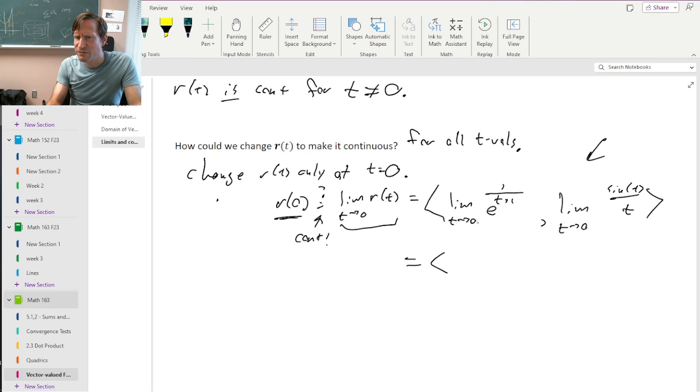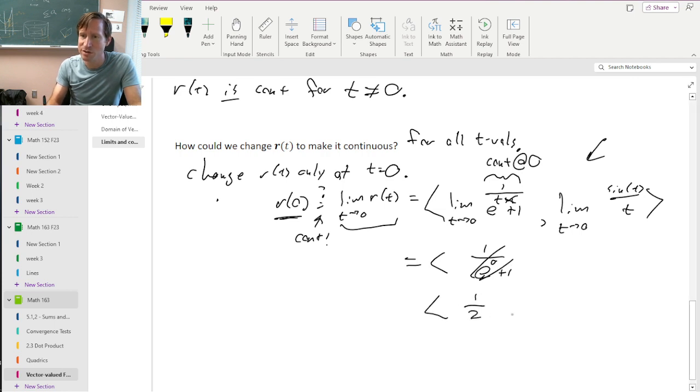So let's compute this limit. The x-coordinate function is continuous at 0, so we can just plug in 0. Oh, actually I made a mistake writing down this function. This is 1 over e to the t, plus 1. That plus 1 is not in the exponent. So we plug in t equals 0 and get 1 over e to the 0th plus 1, so that's 1 over 2.